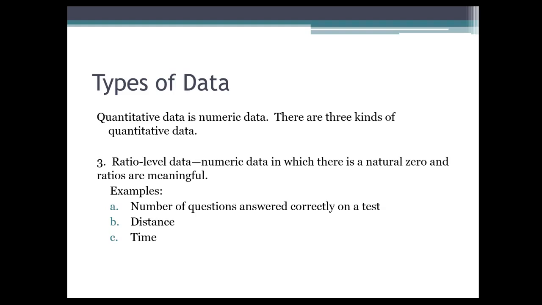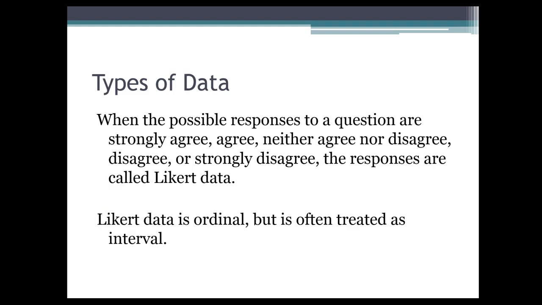And the same thing is true with things like distance and time. You could talk about I ran twice as far yesterday as I did today. And those ratios make sense. And the same thing with time. It took me twice as long to drive to work yesterday as it did today. Those ratios make sense. So that's ratio level data.